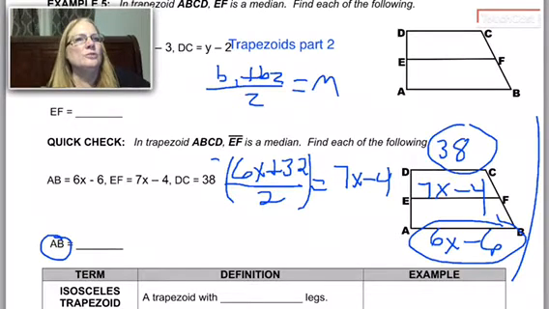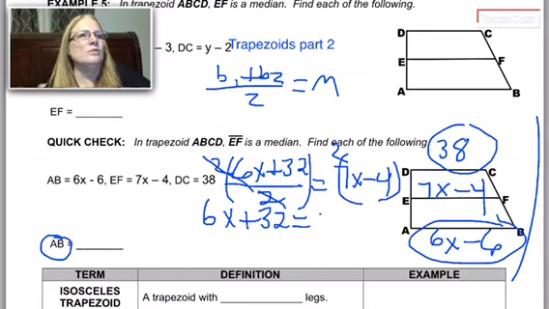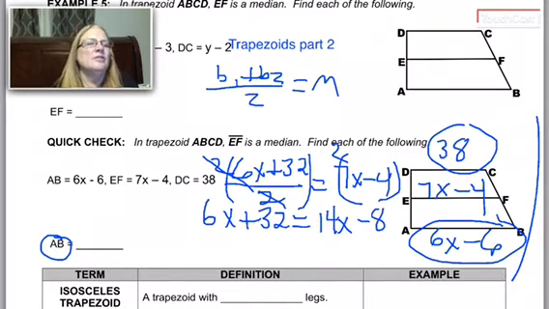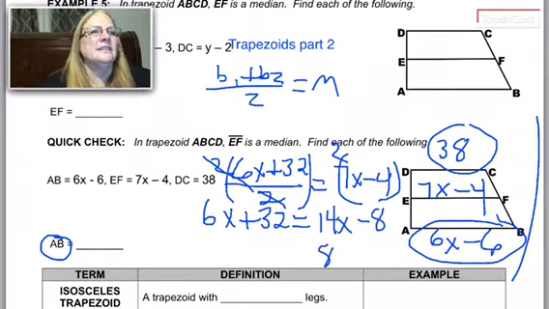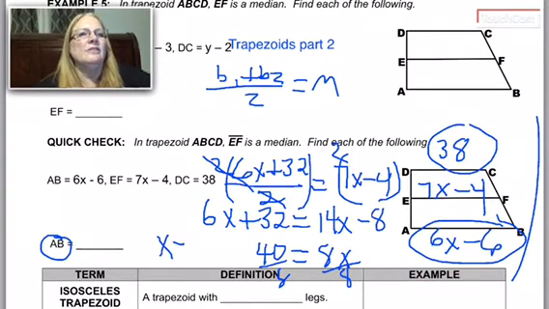You multiply 2 by both sides, and we're left with 6x plus 32 equals 14x minus 8. If you subtract 6x from both sides, we get 8x. And if we added 8 to both sides, we get 40. And so divide by 8, and you get x is equal to 5.